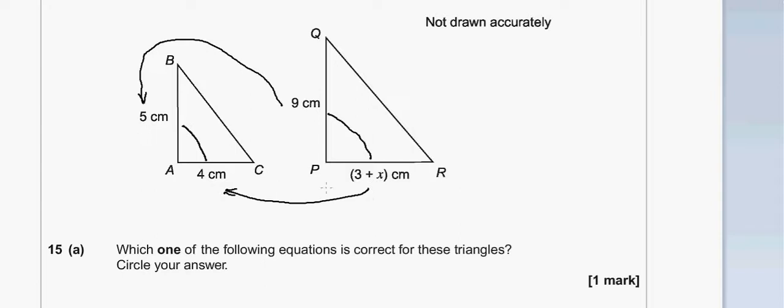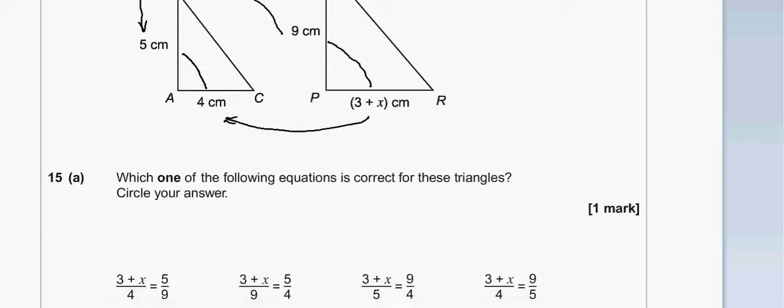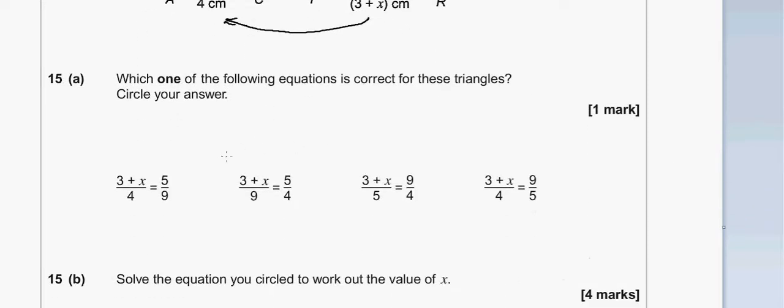So 3 plus x over 4 is the same as 9 over 5.